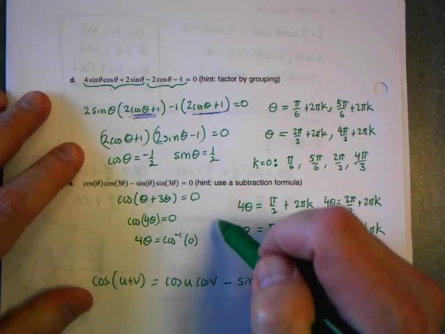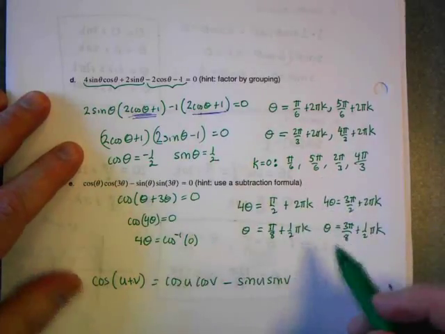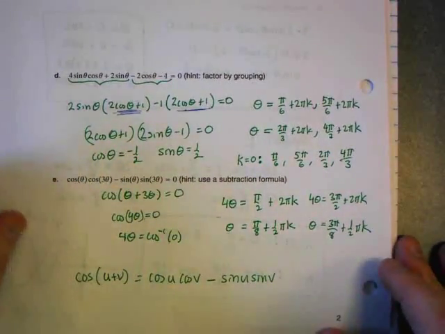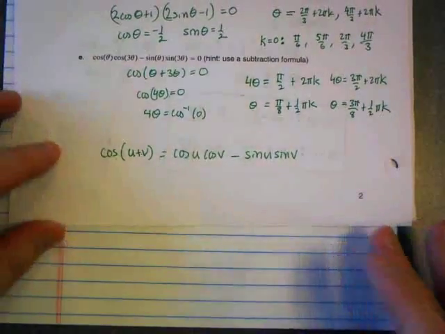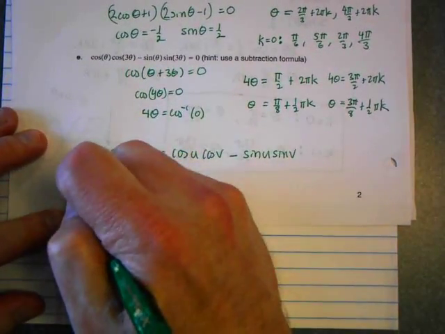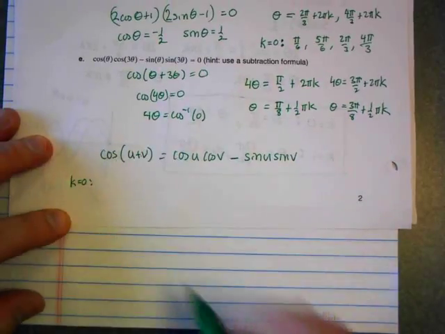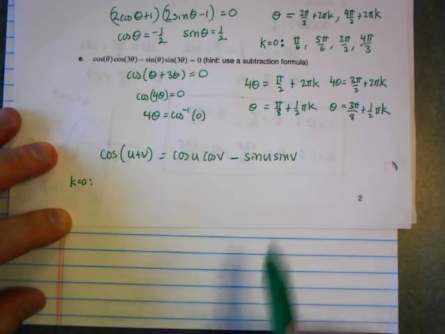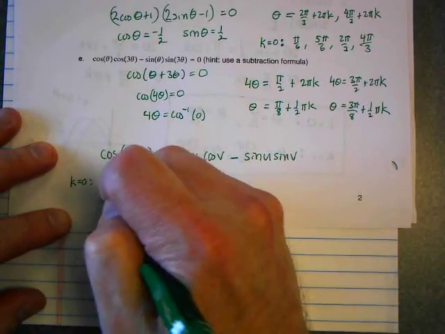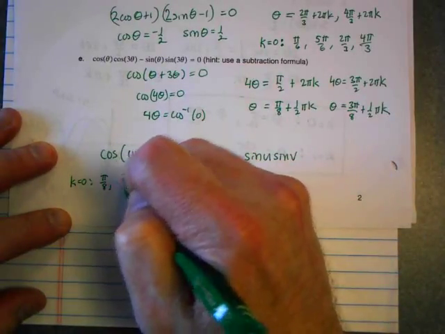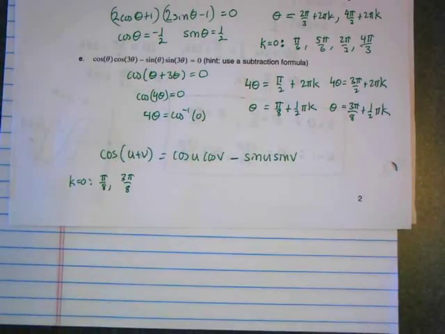All right, so I don't know where to write here. I guess I'll put them down here. So I start by plugging in k equals 0. When I plug in k equals 0, I get pi over 8 and 3 pi over 8. I like that one. That one's easy.